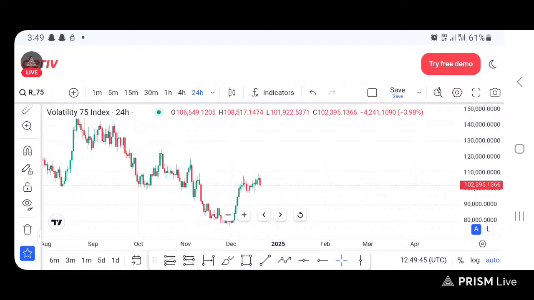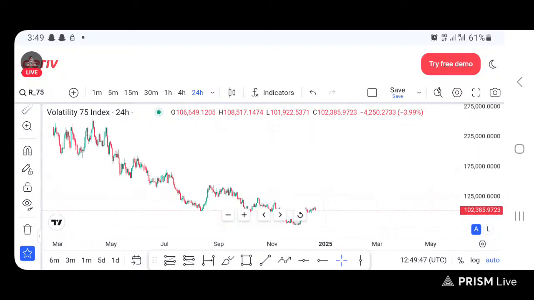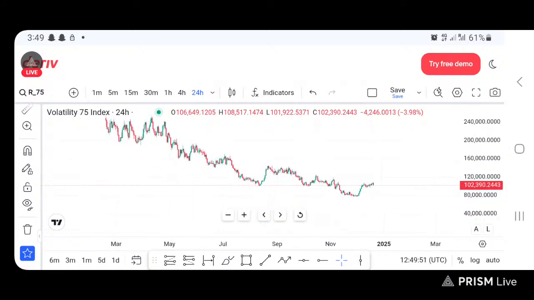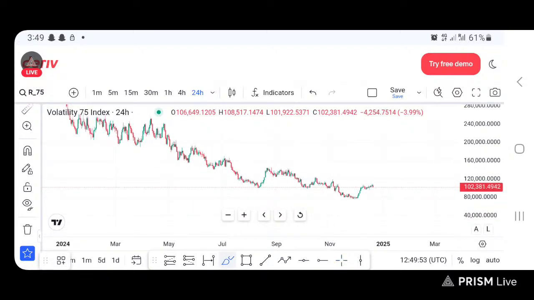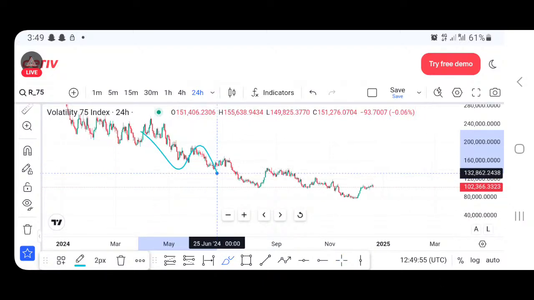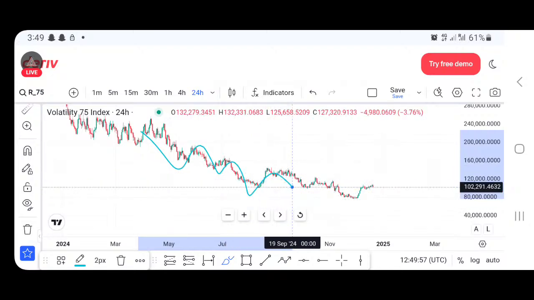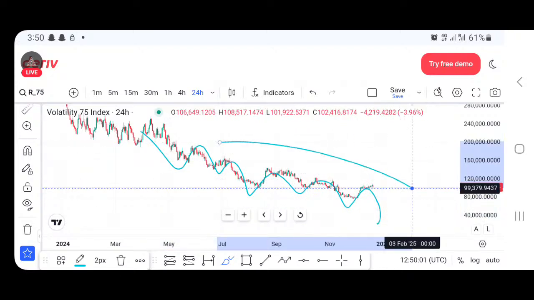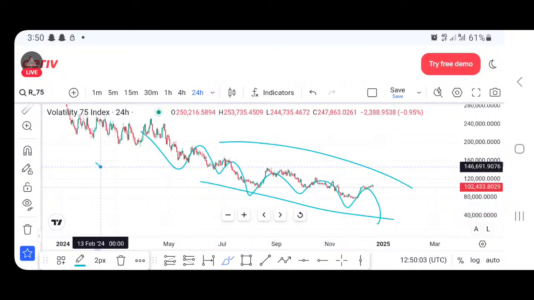As well, if you can see right now, the overall condition of this market, it has been making lower lows and lower highs for a while, guys. You can see that the market is making lower lows and lower highs, which means we are still on an overall downtrend.